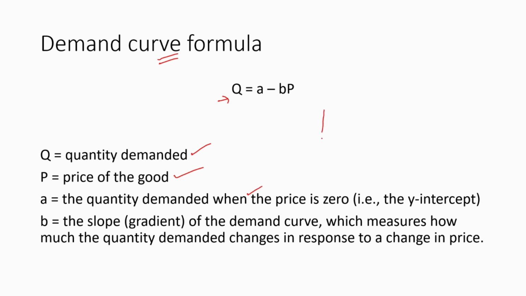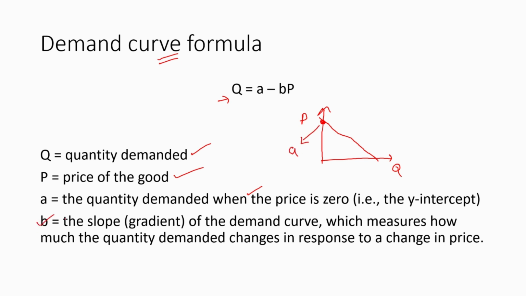Like this. This is the quantity, this is the price, and this is the demand curve. This is the point where the demand curve intersects the y-axis. So this will equal the A value.